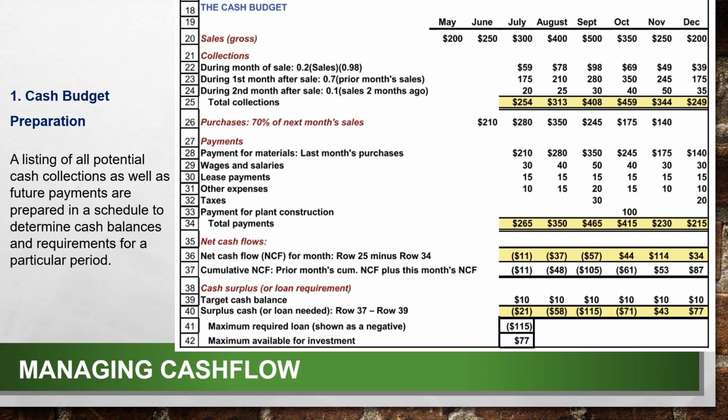From that forecasted sales, you have the forecasted collections, then you need to forecast also the production costs, like the cost of materials purchases, payments for the materials, payment for the labor, payment for leases, new equipment, taxes, and other expenses. When all these forecasted payments are subtracted from your forecasted collections, the result is either an expected net cash gain or loss for each month.